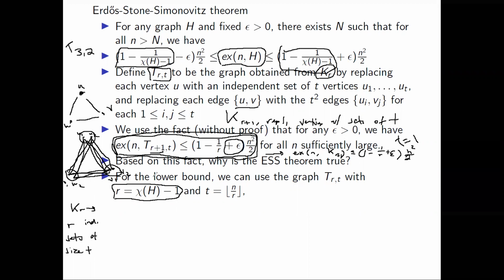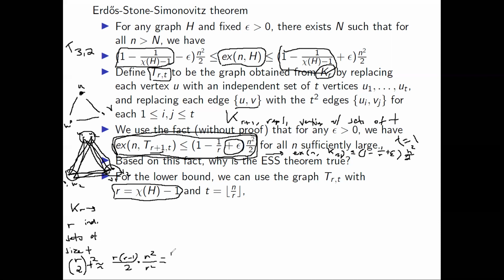And we can see in that graph that the number of edges, we can prove a lower bound here. The number of edges is going to be approximately r choose 2 times t squared. And so this is approximately r times (r minus 1) over 2 times n squared over r squared.